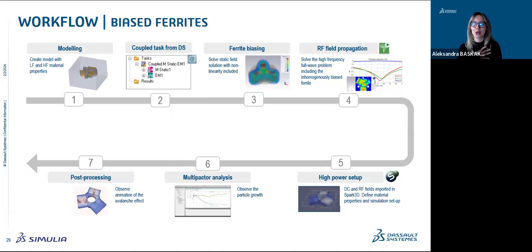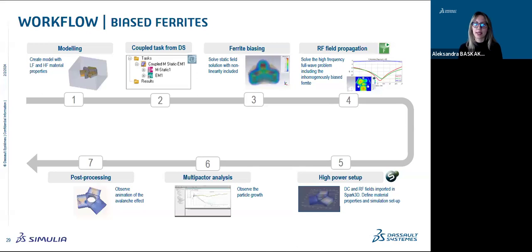And I would like to show you an example where we incorporated Spark3D in a broader workflow with high frequency and low frequency solvers. It is a coupled workflow for nonlinear biased ferrites. Imagine you need to design a circulator where the main part of the structure is the field rotation domain consisting of two ferrite disks embedded in the dielectric cylinder.